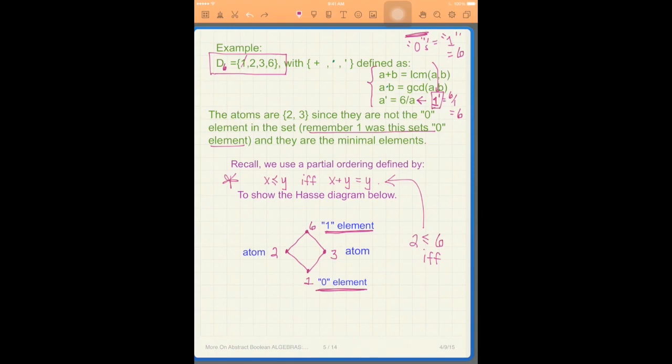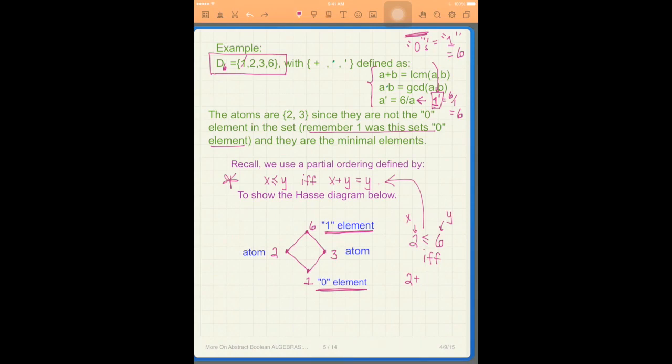So is x plus y equal to y? The x here I'm using as 2, the y I'm using as 6. So I'm going to plug in and say x plus y, and then I need to perform that operation. So what does 2 plus y mean? Oh, I'm sorry, let's go ahead and plug in 6 for y.